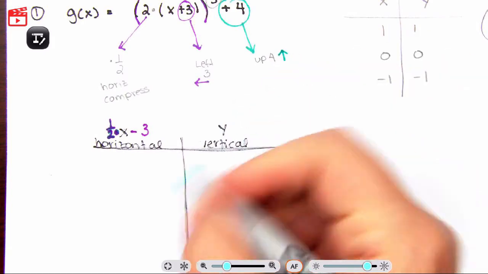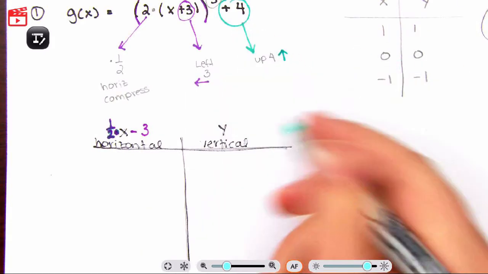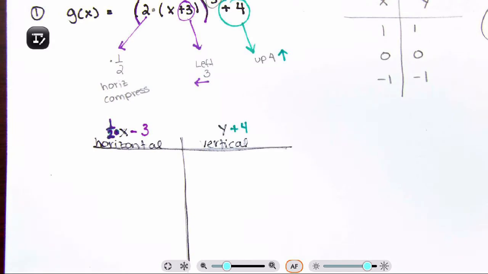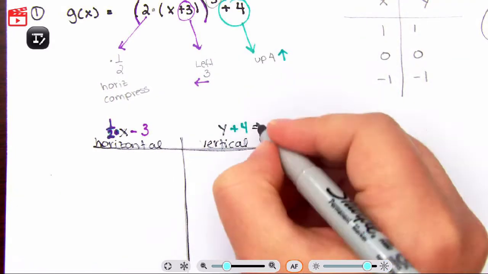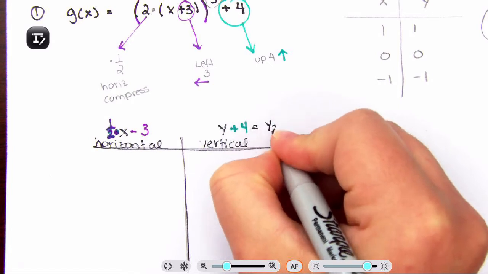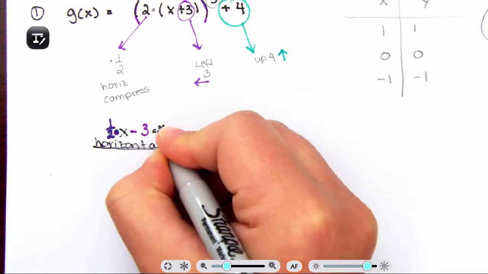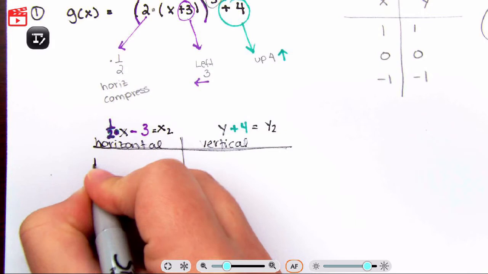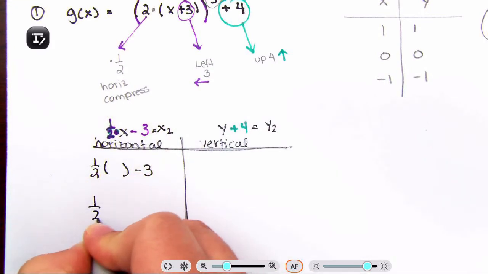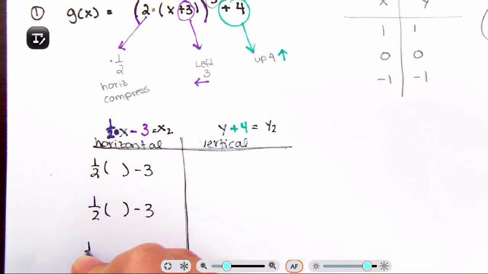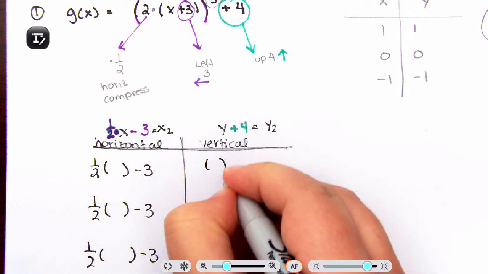That means it's outside the bubble, so if I see a plus 4, I'm going to do a plus 4. These two things are equal to my new pretty points, or my new reference points, this is my x2 and this is my y2. I'm using the equation that I just developed based on my transformation, and I'm going to plug in my reference x and my reference y.